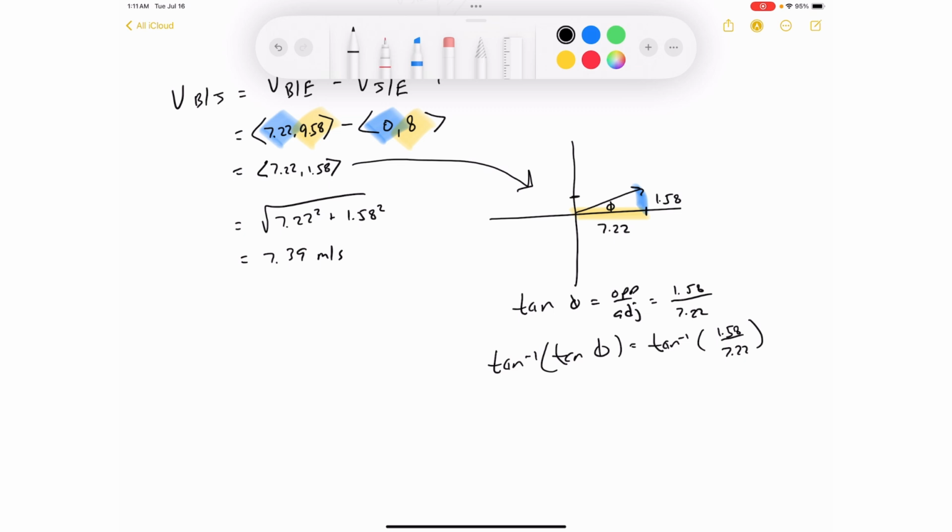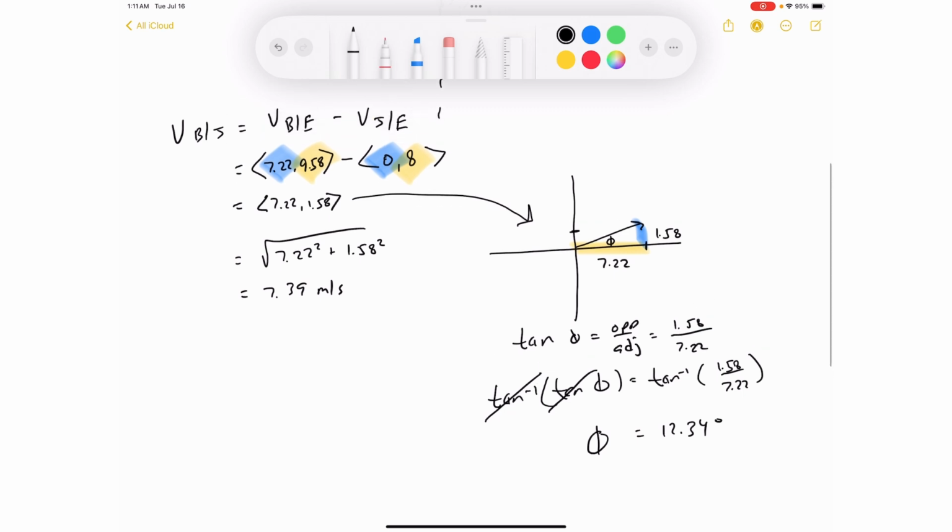What this does is undo the tangent, and you just end up with phi equals the tangent inverse of 1.58 over 7.22. You can plug that into your calculator, and you'll get 12.34 degrees. Okay.